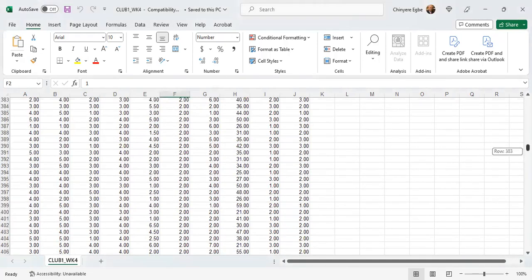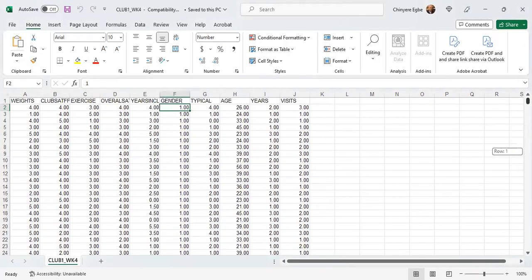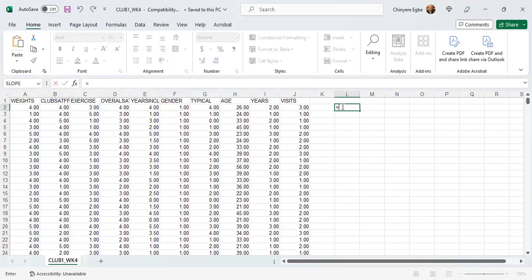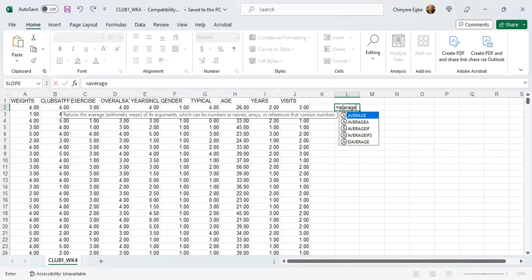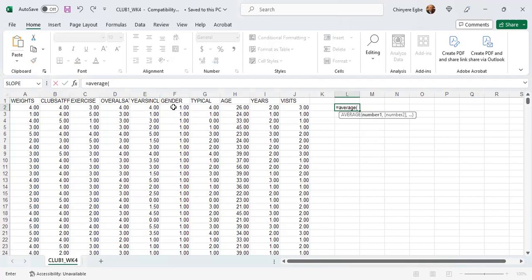So what we're going to do is calculate the average for the males, and so we say equals average for the males.